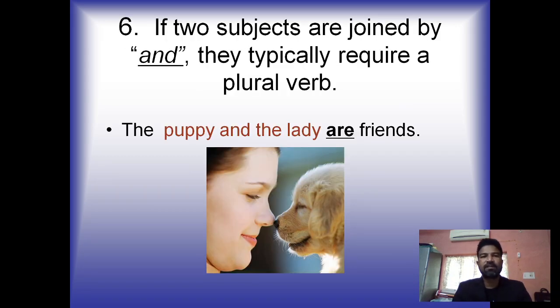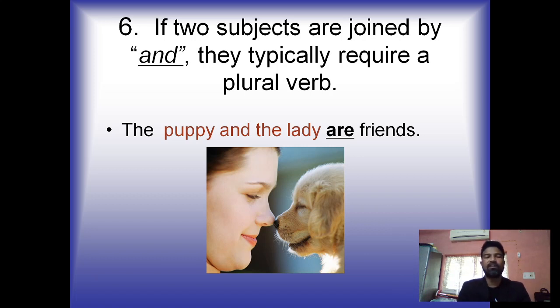If two subjects are joined by and, they typically require a plural verb. The puppy and the lady are friends. Check out the meaning of the sentence here. The puppy is singular, the lady is also singular. When two subjects are joined with and, we always use a plural verb.